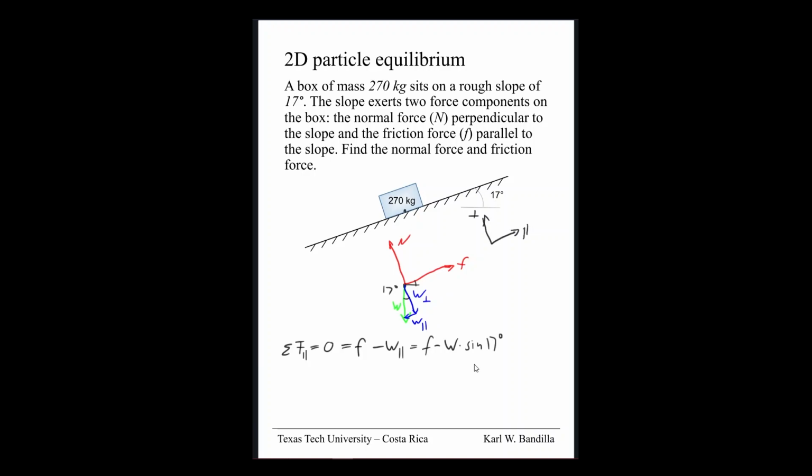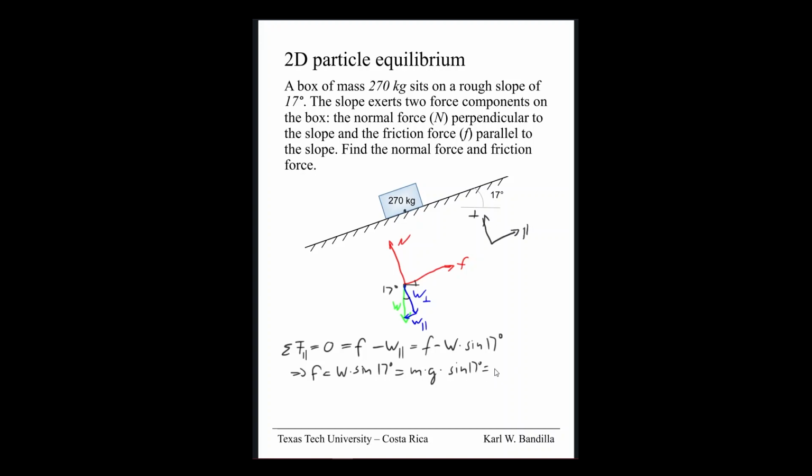So that means that if we solve this for F, F is going to be W times sine of 17 degrees. W, well, we're given the mass, so that would be M times g times sine of 17 degrees.